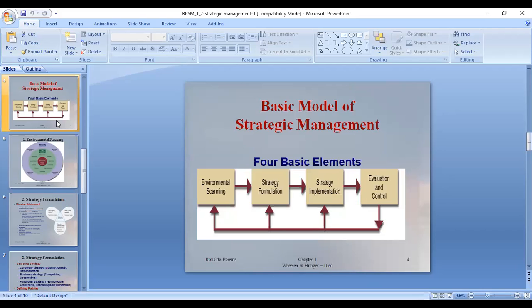This is the basic model of strategic management. We have seen environmental scanning, strategy formulation, strategy implementation, and evaluation. Environmental scanning means, as we have seen in previous slides and lectures, strategic analysis.